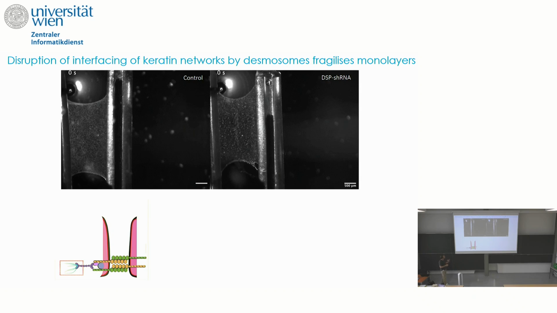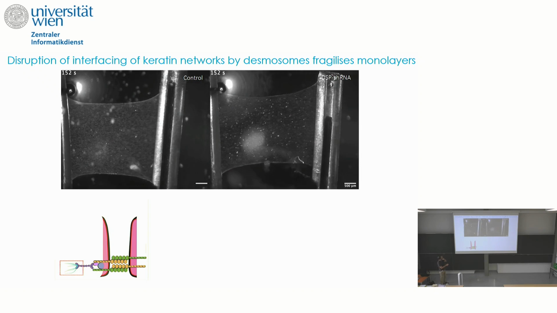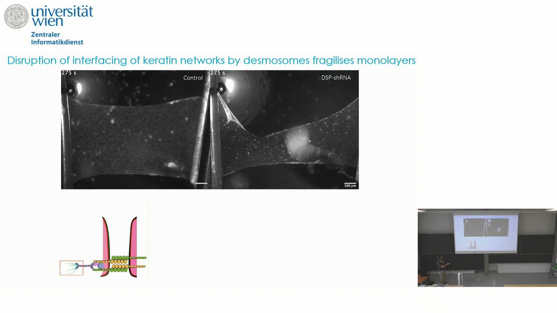So you can do the same thing, but in this case, rather than disrupting the filaments that make up the cytoskeleton, you can disrupt their interfacing to cellular junctions. In this case, what we do is we deplete desmoplakin, which is this protein, and this is exactly the same type of experiment. So we've got two tissues that are deforming at similar strain rates.